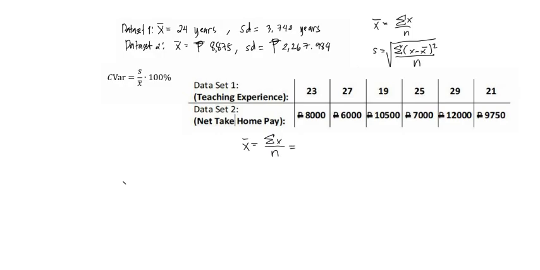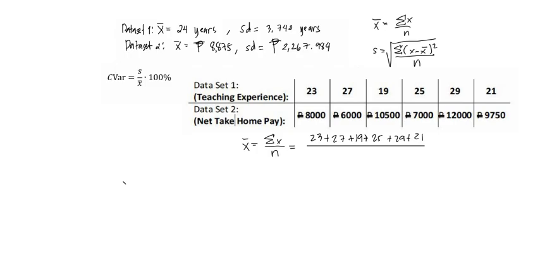So yung summation of x there is just basically adding up all of these values on the data set. So that is 23 plus 27 plus 19 plus 25 plus 29 plus 21. And then you divide it by how many data are there, which is basically just 6, right? So 1, 2, 3, 4, 5, 6.